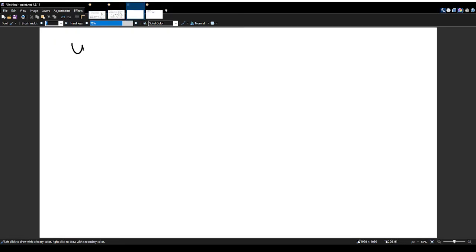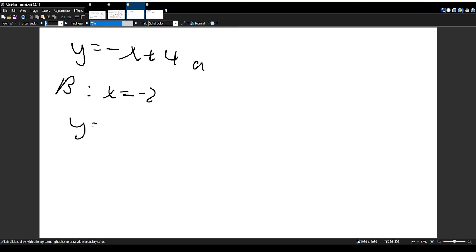y equals negative x plus 4a. So your B is negative 2. Sorry, this is just so ugly, and I can't stand it, but whatever. So y would be 2 plus 4a.